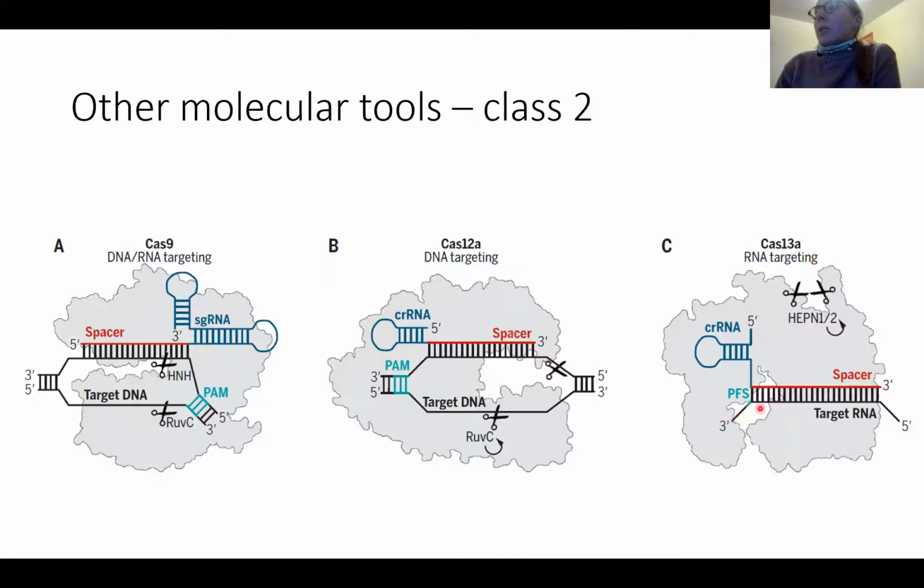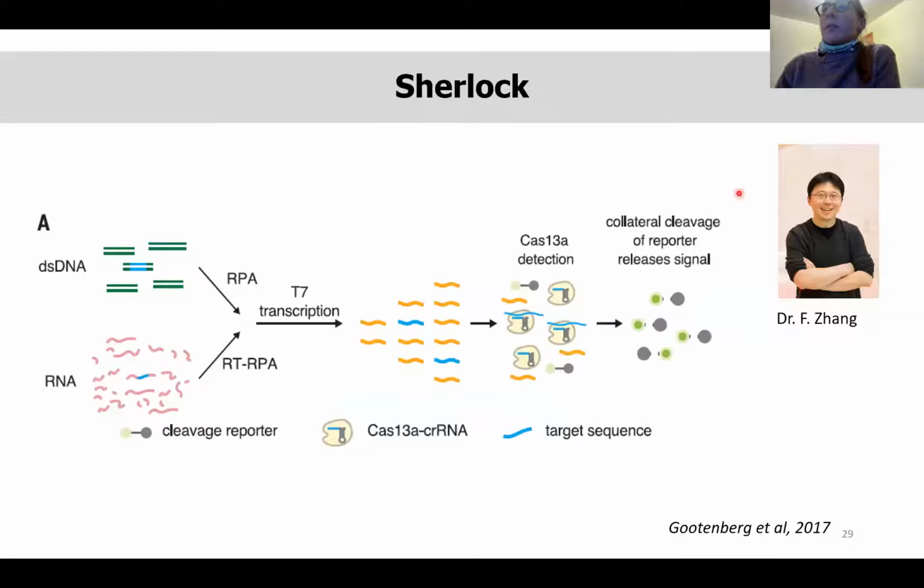It uses target RNA to activate a non-specific nuclease. And this has been used for a nucleic acid detection method called SHERLOCK, which has been employed even for SARS detection.